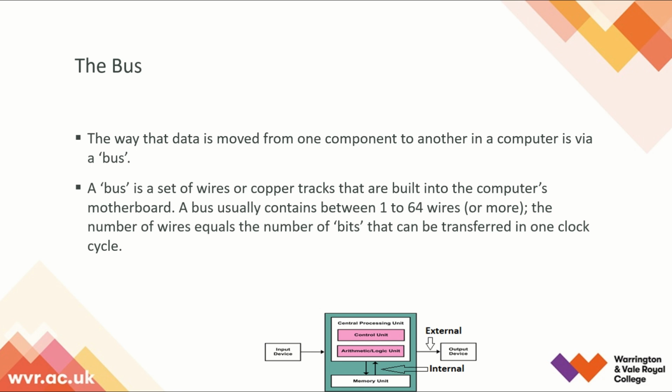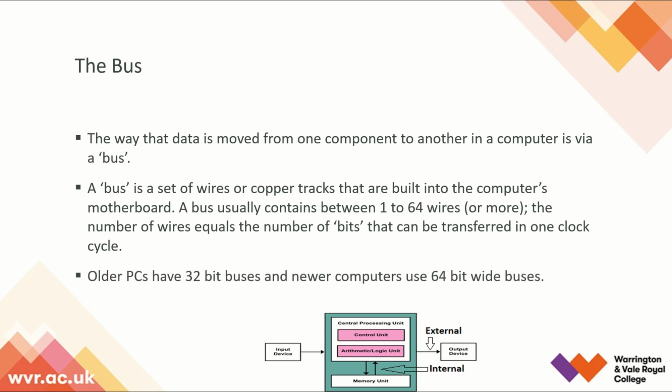Now, most modern computers are 64 bits, so you need at least 64 individual wires to transmit at once. So that's why you have so many of these individual lines on your motherboard. Older PCs were 32 bits, and before that, really old PCs were 16-bit, but not for many decades.